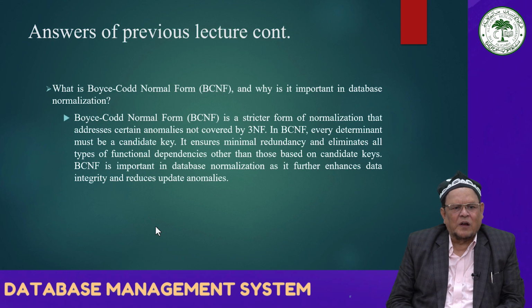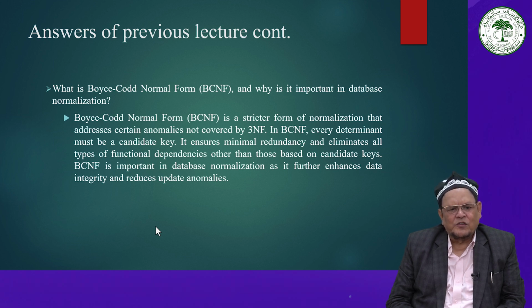The fourth question was, what is Boyce-Codd normal form and why is it important in data normalization? Boyce-Codd normal form is a stricter form of normalization that addresses certain anomalies not covered by 3NF.